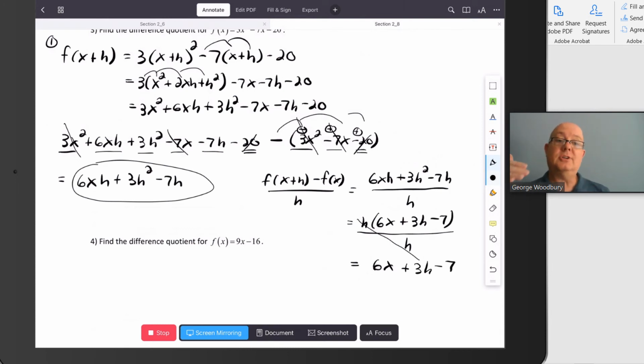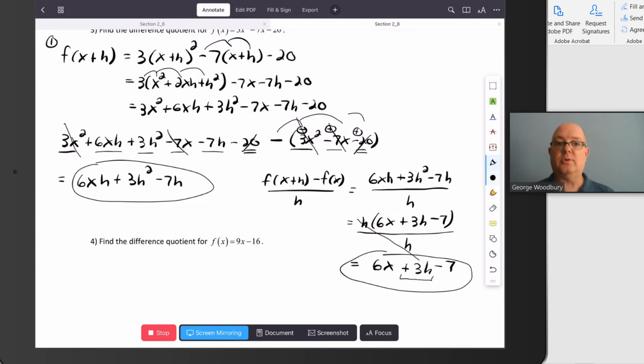That is a function that lets us know the rate of change for that function for any particular value of x as h heads towards 0. So in calculus, we would treat this as 0, and whatever value of x that we had, the rate of change would be 6x minus 7. But in this class, since we're not taking that last step, the difference quotient is that function.